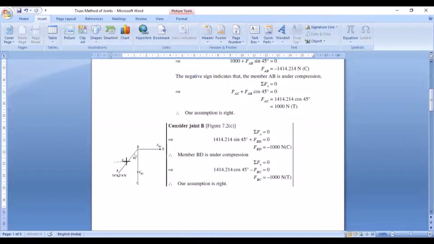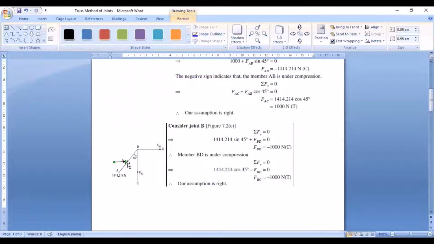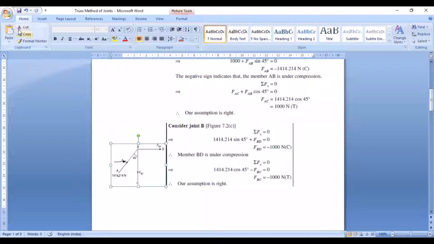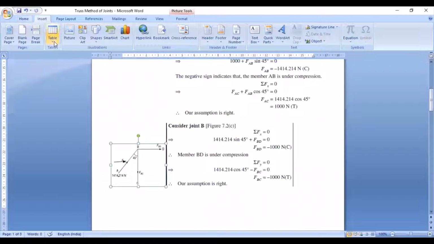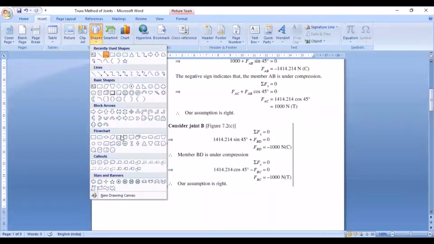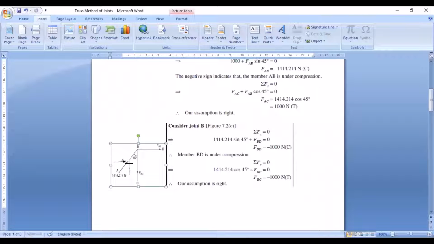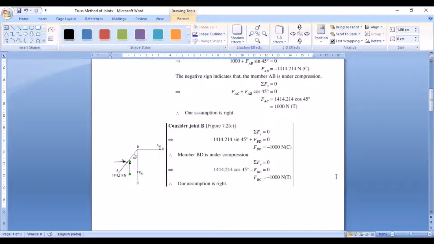Similarly, your vertical component will be upwards, only because the resultant force is towards the joint. So you have the vertical force upwards and the horizontal force rightwards.